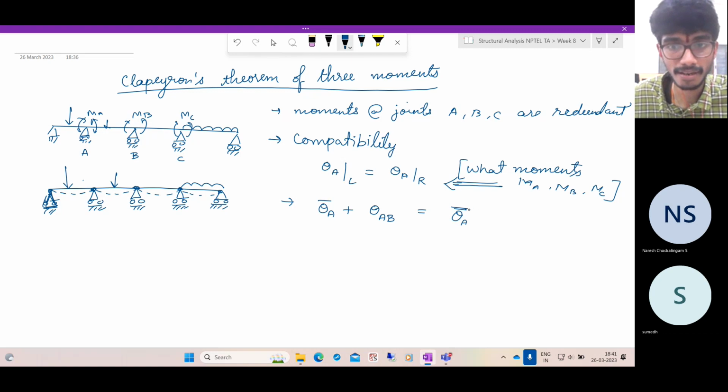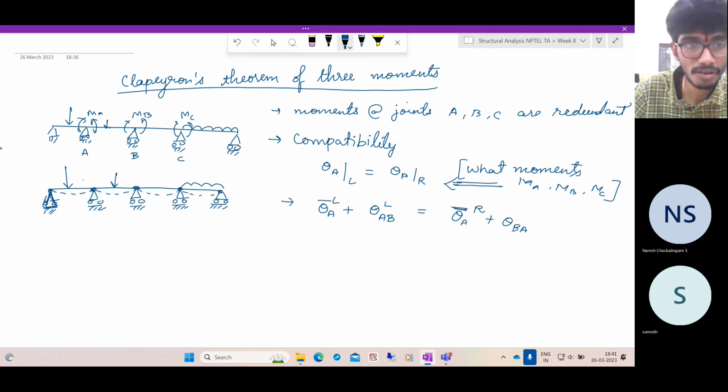Let me call them left and right ones: this is left plus theta BA. So this is the rough idea.